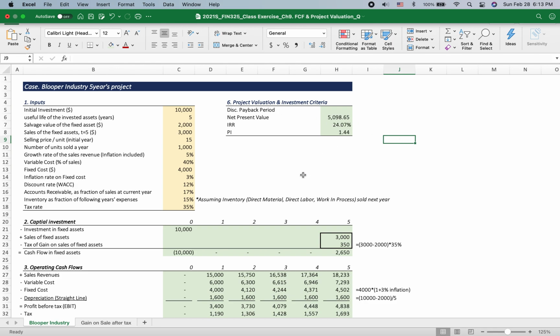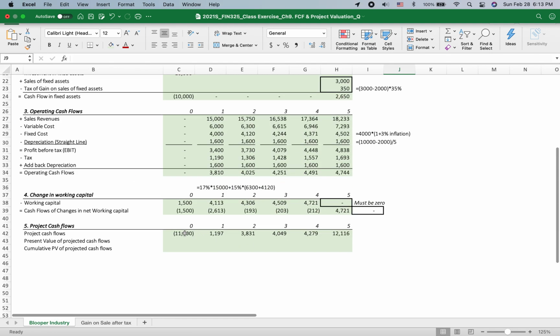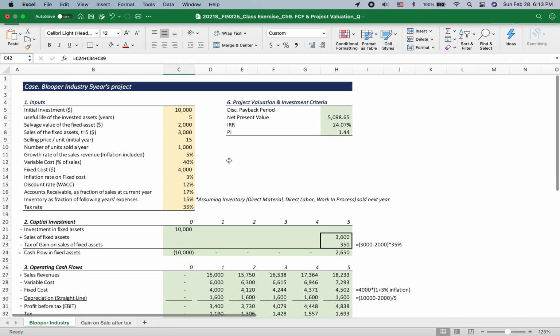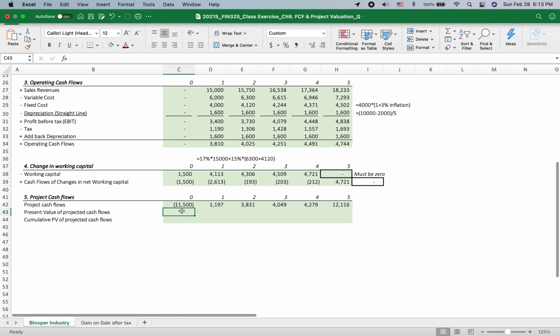Discounted payback period. When are we going to take our initial investment back? How long does it take to recover this 11,500? In order to measure this discounted payback period, we need to get all this future projected cash flow as a present value, right?